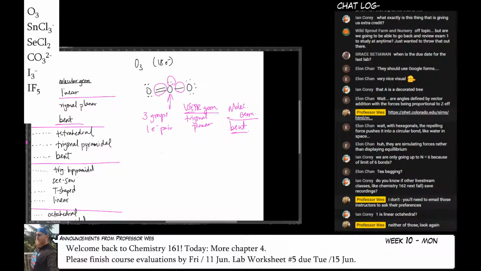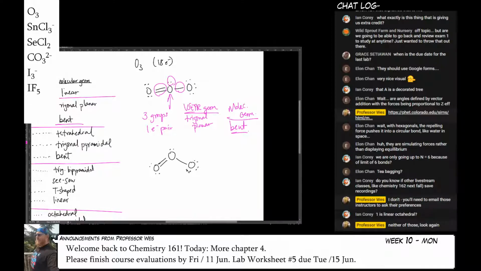If I corrected it, it would look like this. This is what the Lewis structure of ozone should look like.